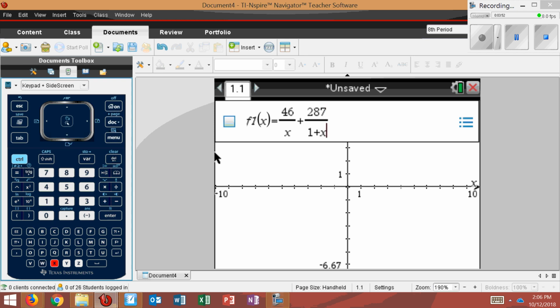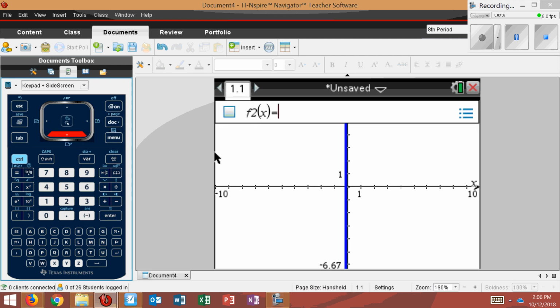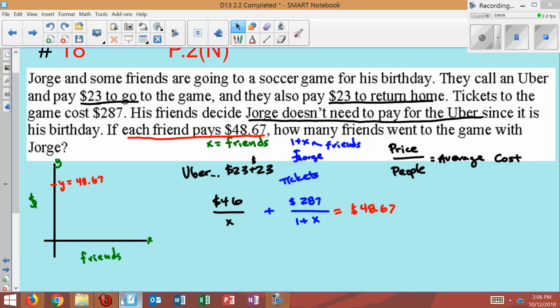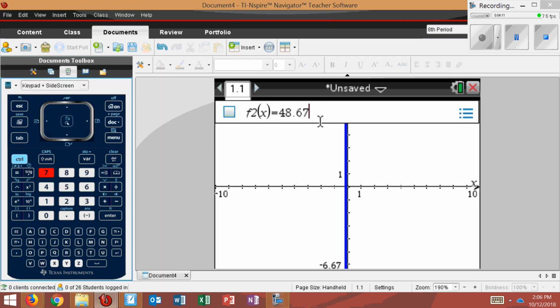Again, it didn't say anything about his friends paying for George's ticket, so I do George and friends. That's what 1 plus x refers to. Now we have that average cost, that y value, which is $48.67. I want to check this to make sure I'm exactly right on that value. Was it $48.67 that they each paid? Yeah, $48.67. I press enter.